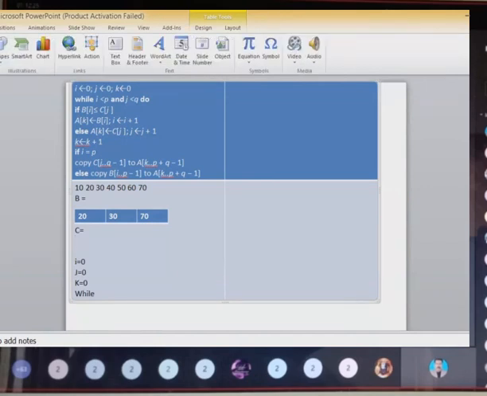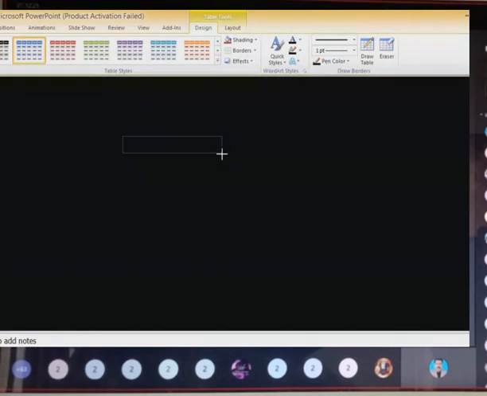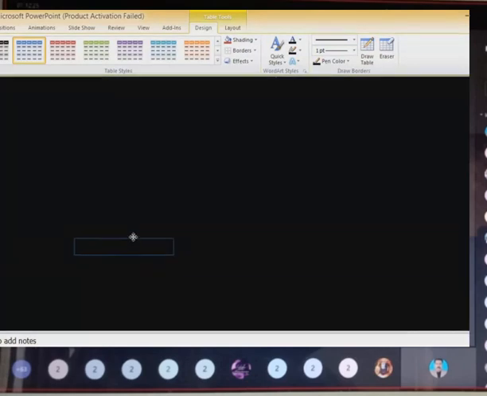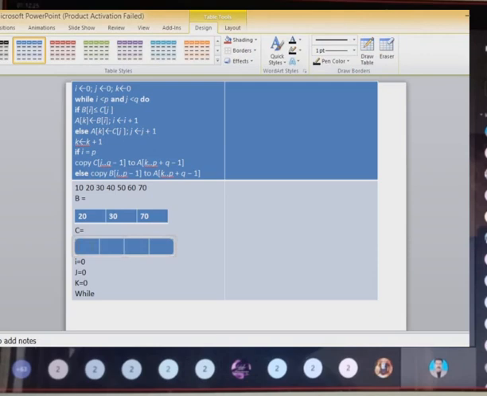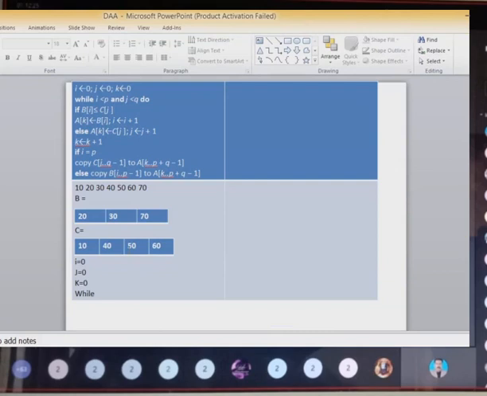What is the sorted C array? Students, what is the sorted C array? 10, 40, 50 and 60, right?